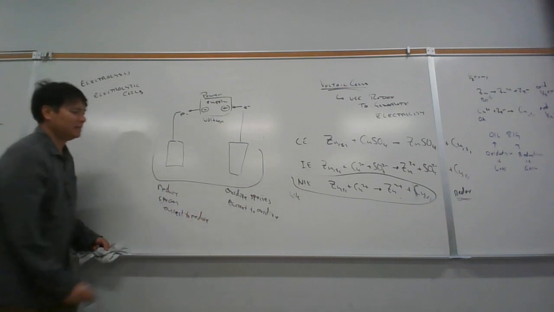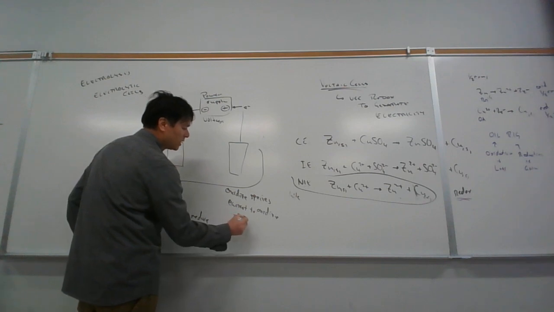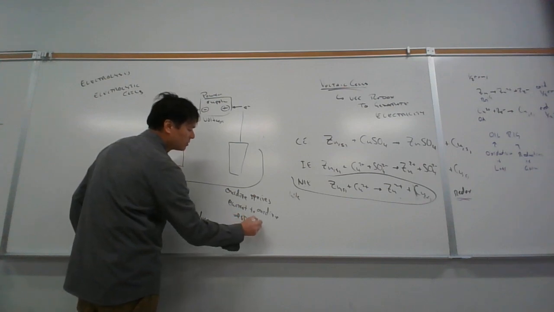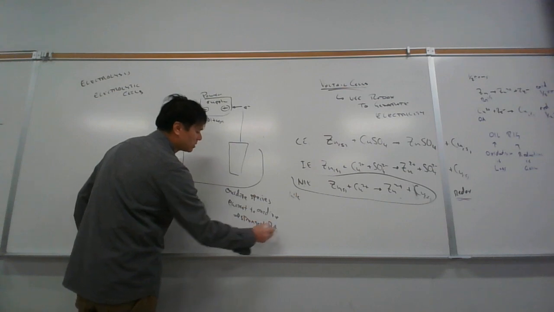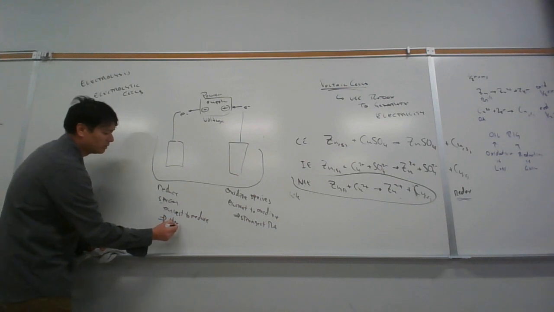The species that's easiest to oxidize is called the best or the strongest reducing agent. The strongest reducing agent is easiest to oxidize. And the species that's easiest to reduce is the strongest oxidizing agent.